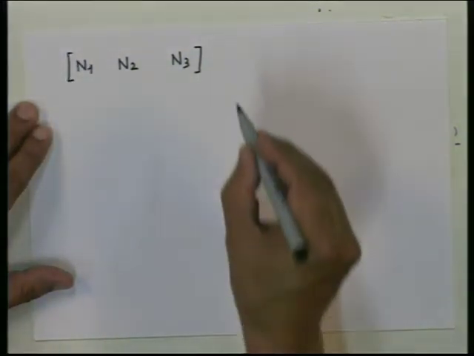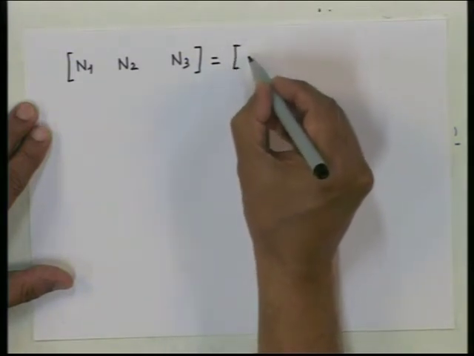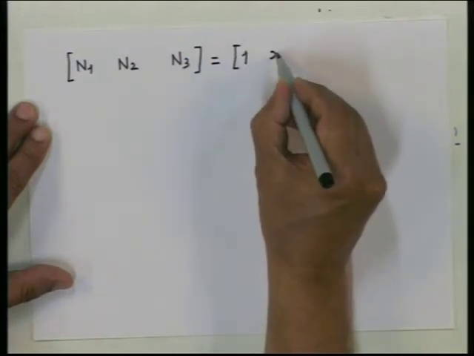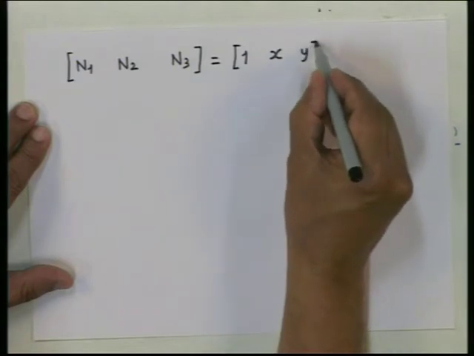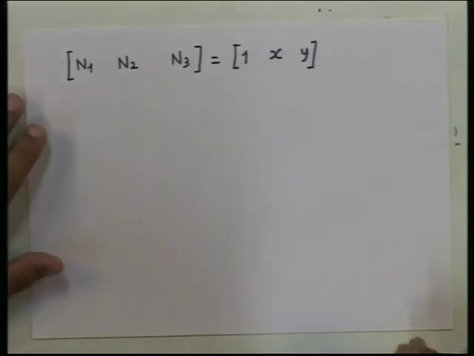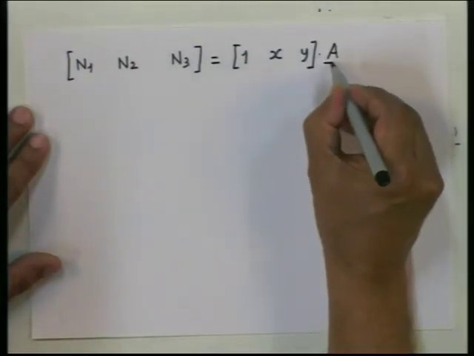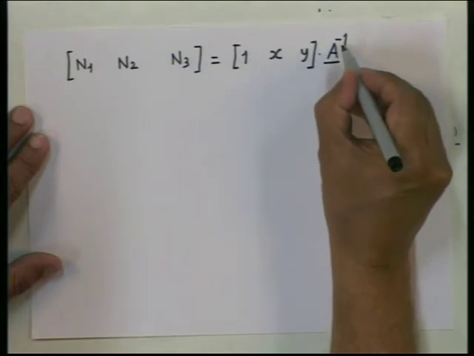After you have done everything, you will find that this is given by 1 x y multiplied by A inverse.